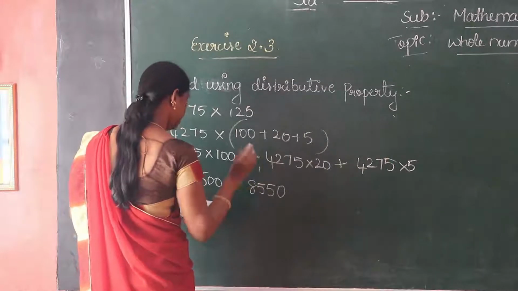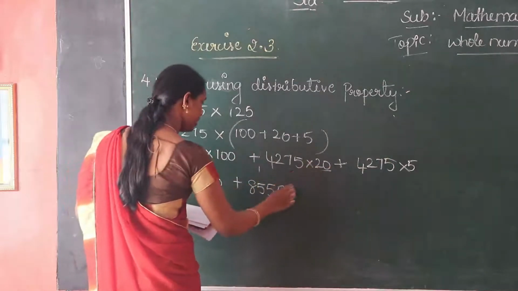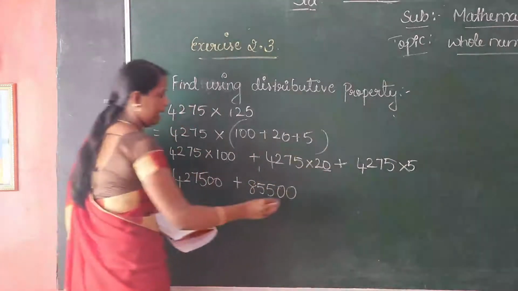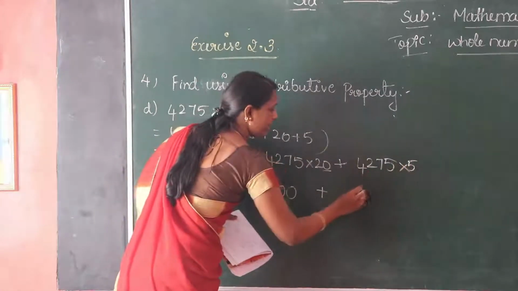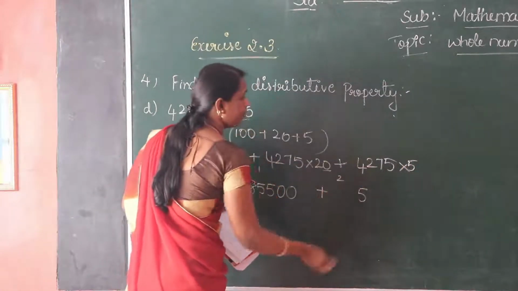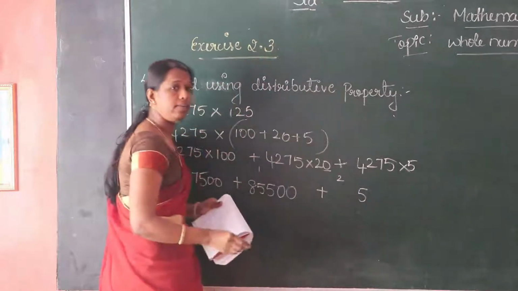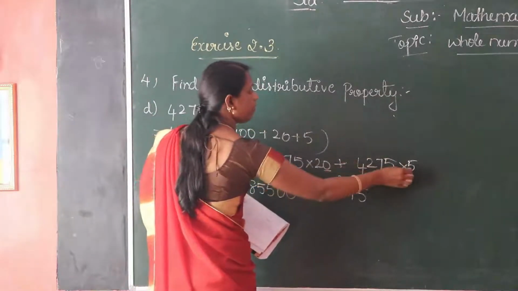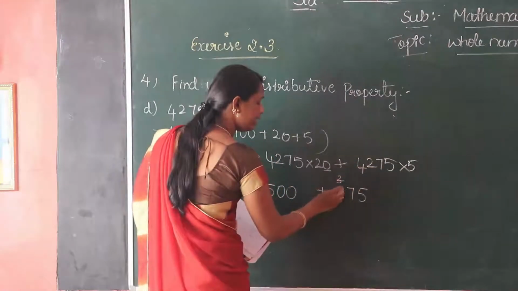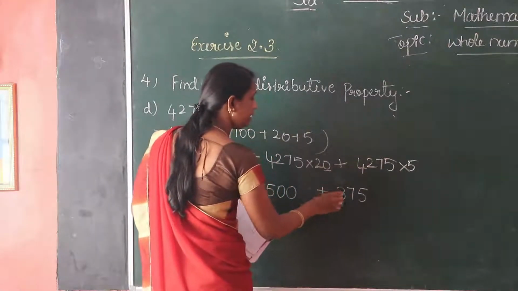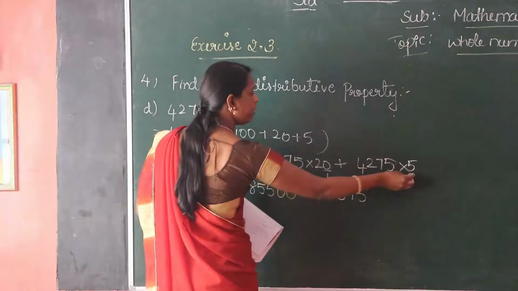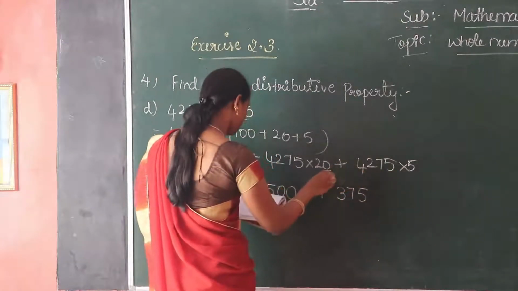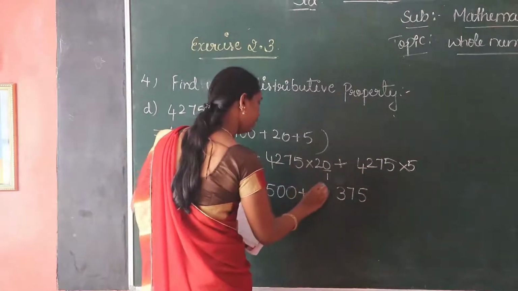So remaining 1 zero is there, no? So 0 plus 5 5s are 25, 2 carry, 5 7s are 35, 35 plus 2, 37, 3 carry, 5 2s are 10, 10 plus 3, 13, 1 carry, 5 4s are 20 plus 1, 21.